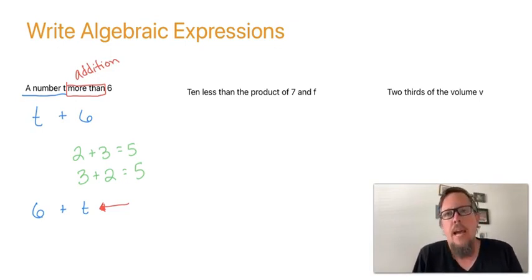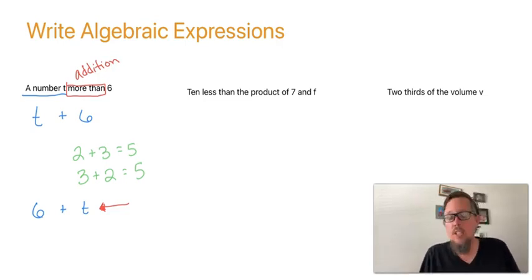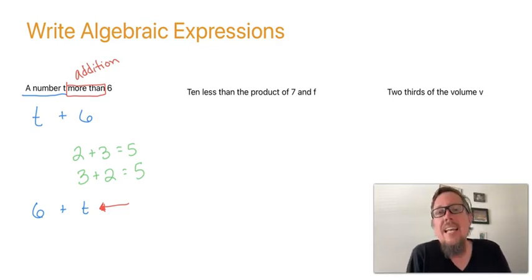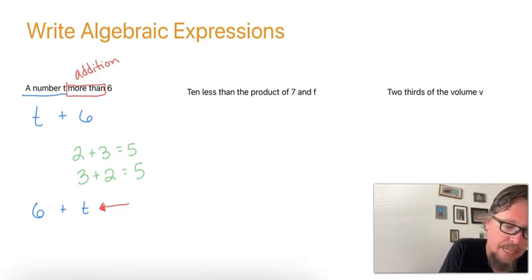Now, you may ask, who cares? If they're both correct, why make a big deal about more than meaning it goes on the end instead of at the beginning? The answer is that although the order with more than does not matter, with less than it does. Let's take a look at the second example. 10 less than the product of 7 and f. 10 less than does not mean 10 minus.